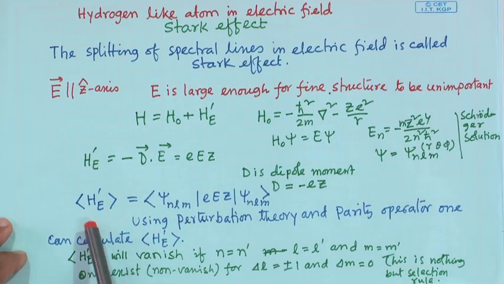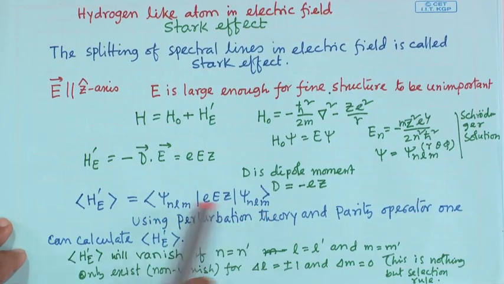Using this wave function we have to find this perturbed term, the expectation value of this Hamiltonian. That will give the energy change due to the perturbation, which we have written here in Dirac notation, and one has to calculate this.